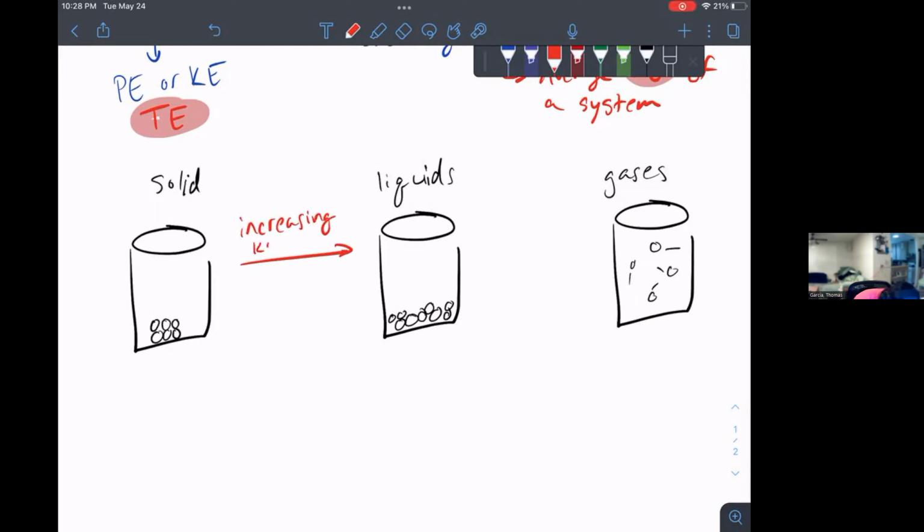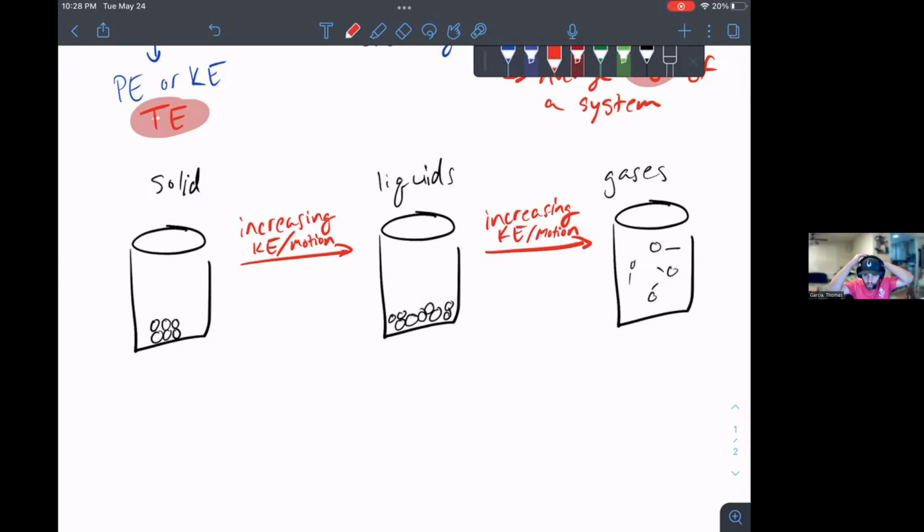kinetic energy, because kinetic energy is the energy of motion, increasing kinetic energy or motion. And same thing, increasing kinetic energy, maybe motion.